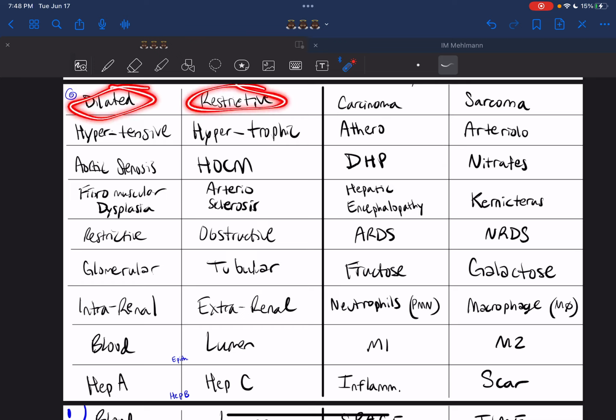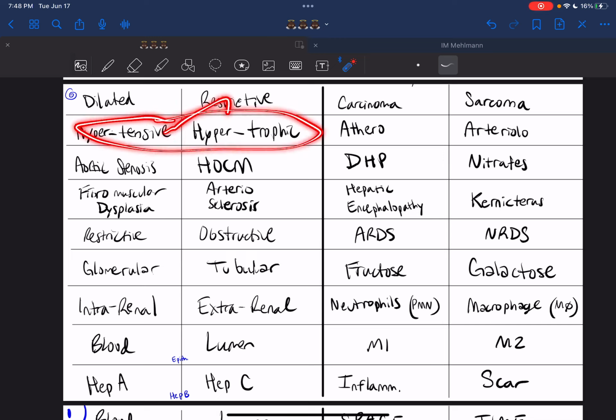Dilated versus restrictive cardiomyopathy. Hypertensive versus hypertrophic cardiomyopathy, which are both a subset of bulky restrictive cardiomyopathy.